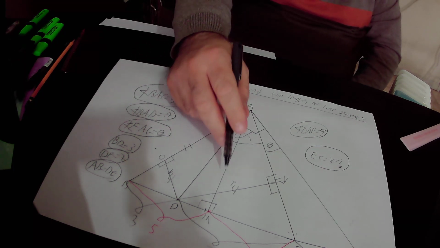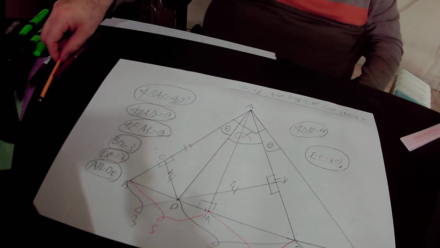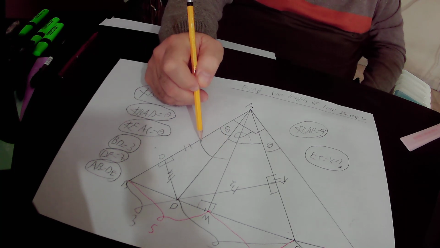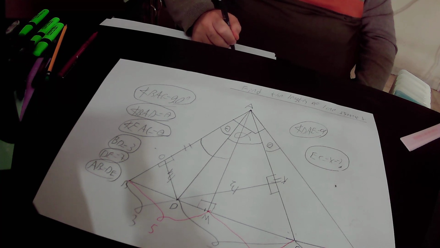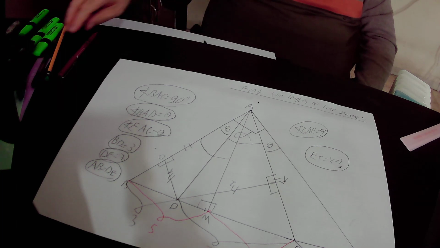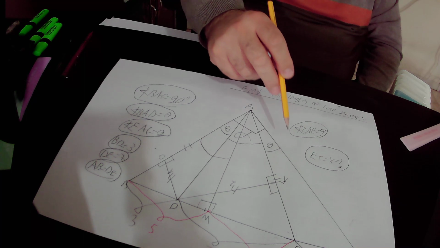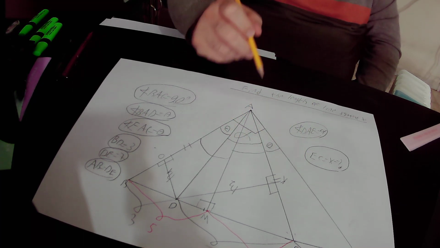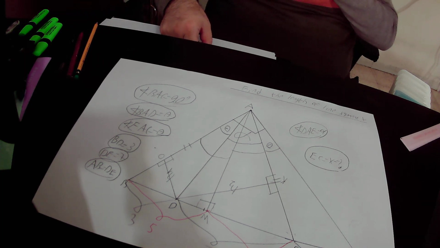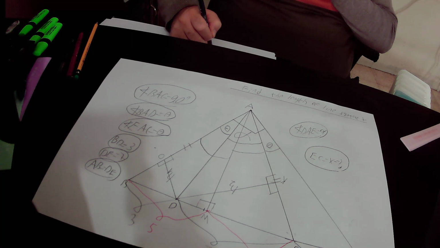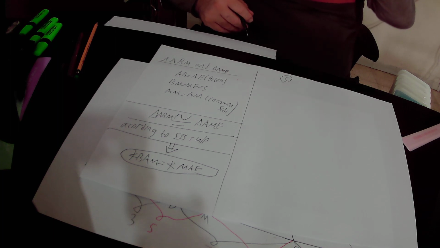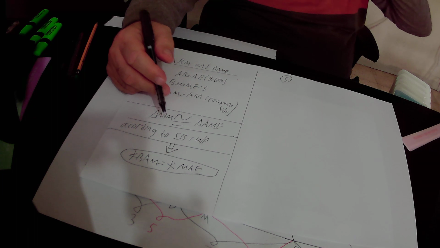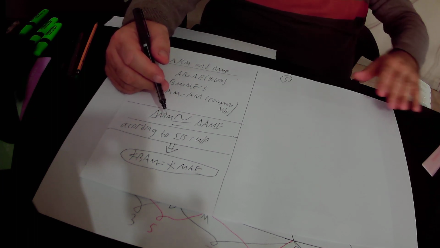And from the fact that those two triangles are congruent, we will conclude that angle BAM is equal to angle MAE. I'll repeat again that we can conclude from the fact that those two triangles are congruent that angle BAM is equal to angle MAE according to the rule that corresponding angles in congruent triangles are equal to each other.